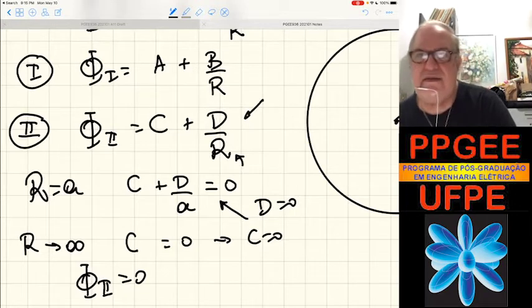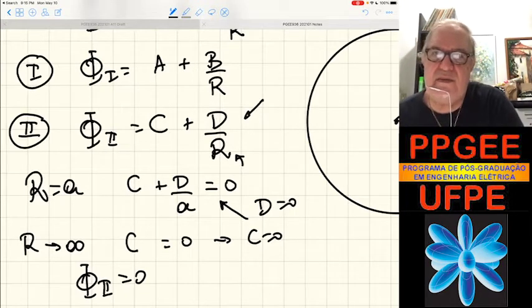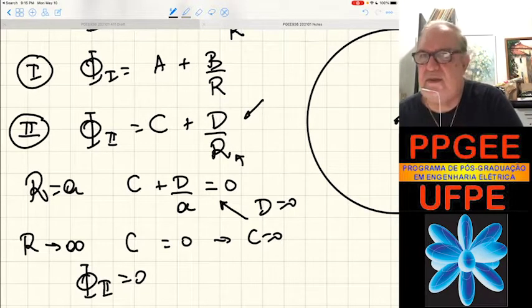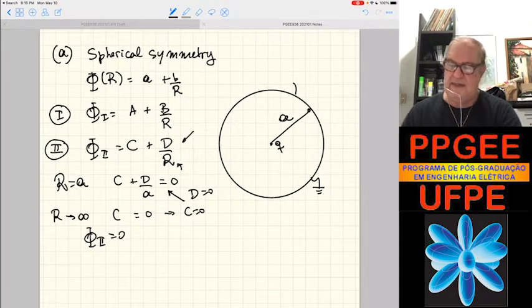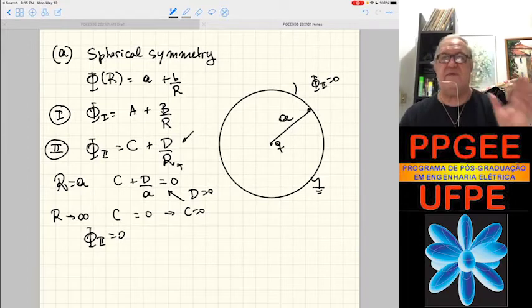No electrical activity outside for a grounded sphere, with the potential set at 0 at infinity, right? So the potential outside equals 0 anywhere. No electric field outside.